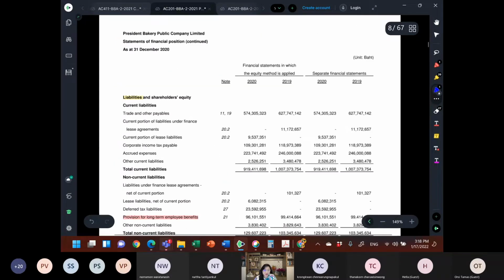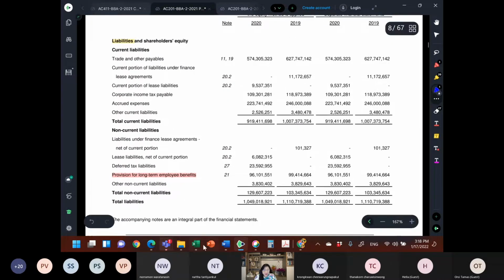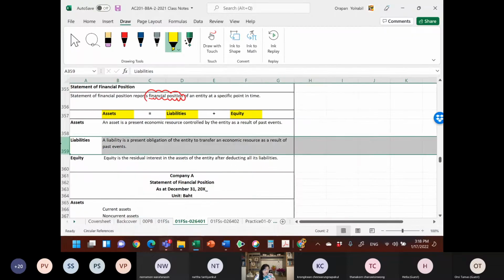Now let's move along to the liabilities. Let me go back to the definition of the term liability so that you know what liabilities are. A liability is actually an obligation that the company has at the present time, and in the future the company will need to pay back in whatever form, to whomever. At that point, economic resources will be paid out, and you're going to lose some of the benefits.